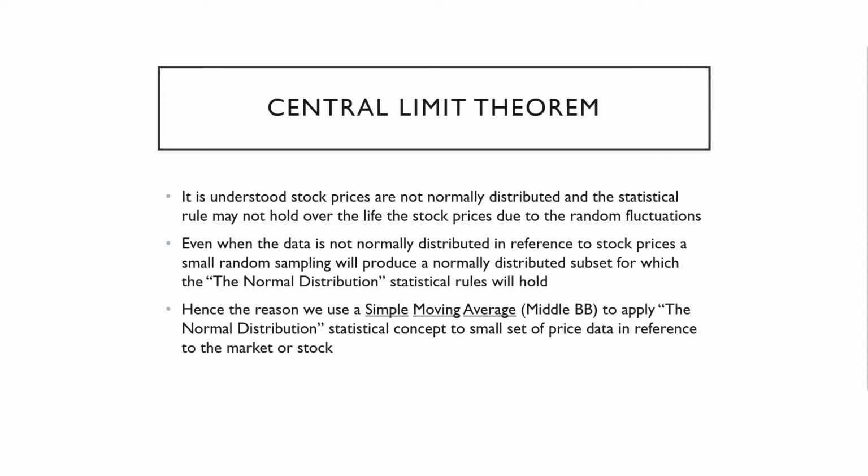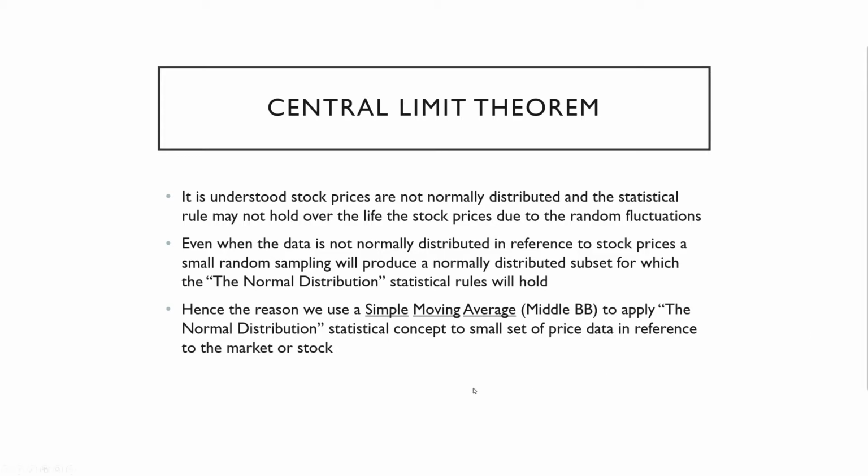Even when the data is not normally distributed in reference to stock prices, a small random sampling will produce a normally distributed subset for which the normal distribution statistical rules will hold. Hence the reason we use a simple moving average, a middle Bollinger Band, to apply the normal distribution statistical concept to a small set of price data in reference to the stock market.